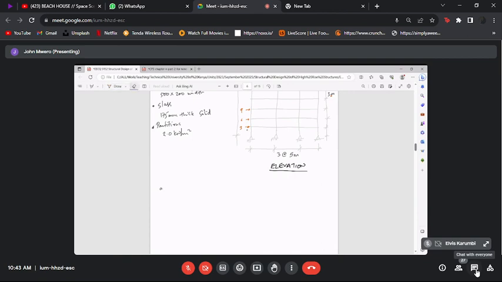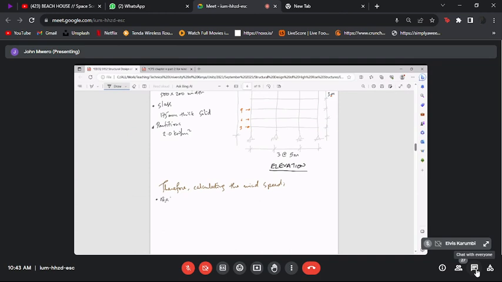Let me write here, therefore, calculating the wind speed. The starting point was the basic wind speed, as we had said previously.